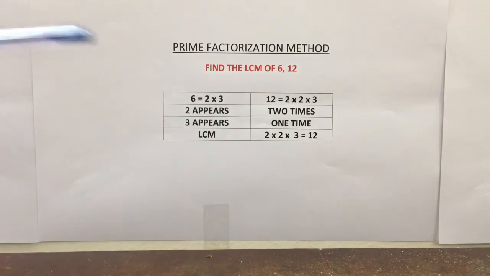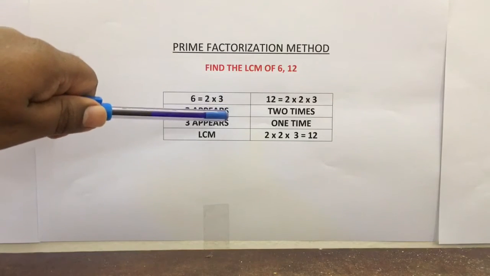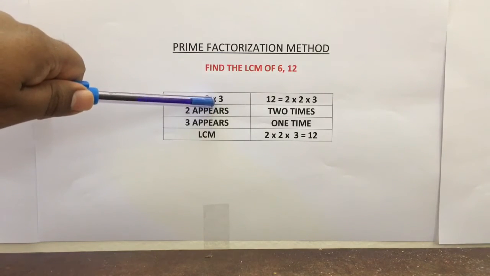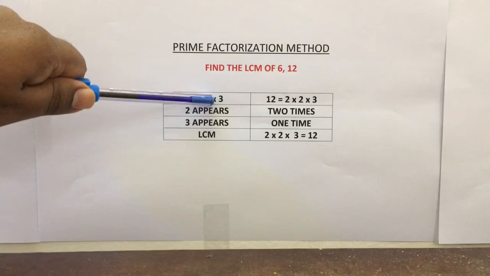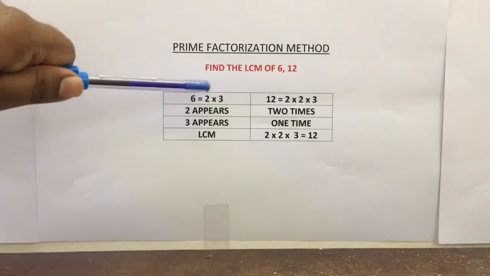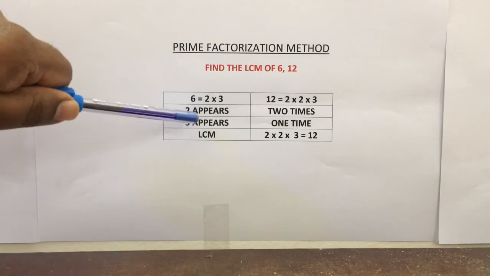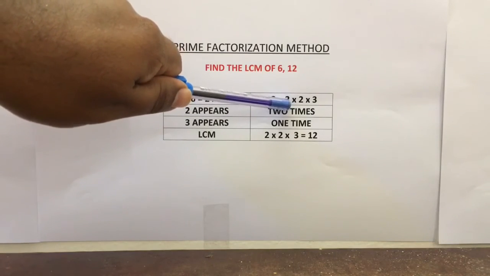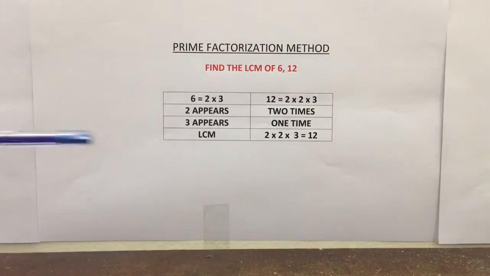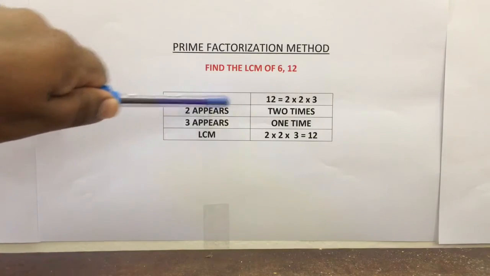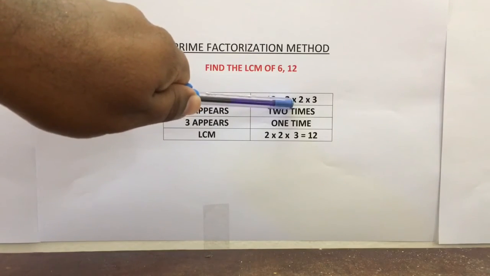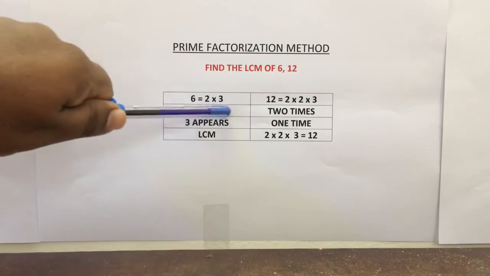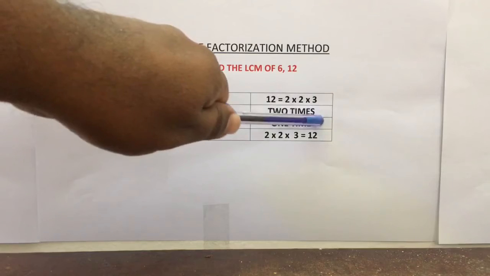Now I check the prime numbers that appear the maximum number of times in either number. See, first I check the prime number 2. 2 appears here one time, but here 2 appears 2 times. So you write the maximum number of times. So 2 appears 2 times.